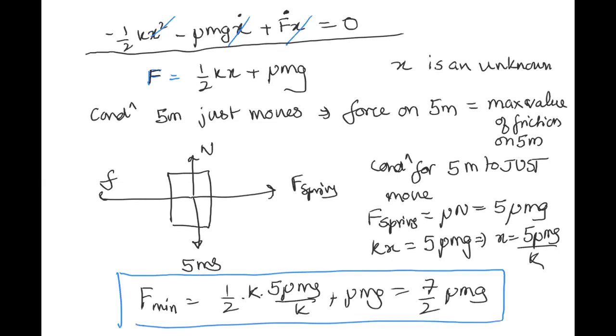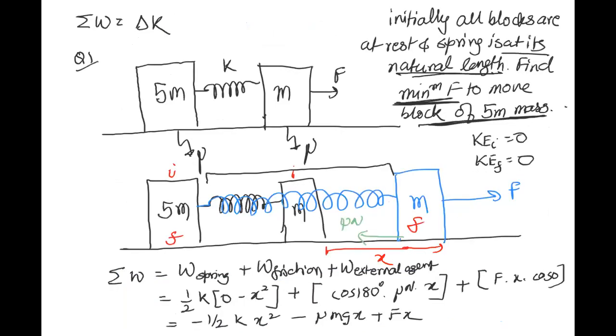Now the moment I gave this question, somebody answered that this minimum force should be 6 mu mg. Right? And it looks like that, because the total mass here is 6m, there is mu here and mu here, so the force value should be 6 mu mg for both to move.